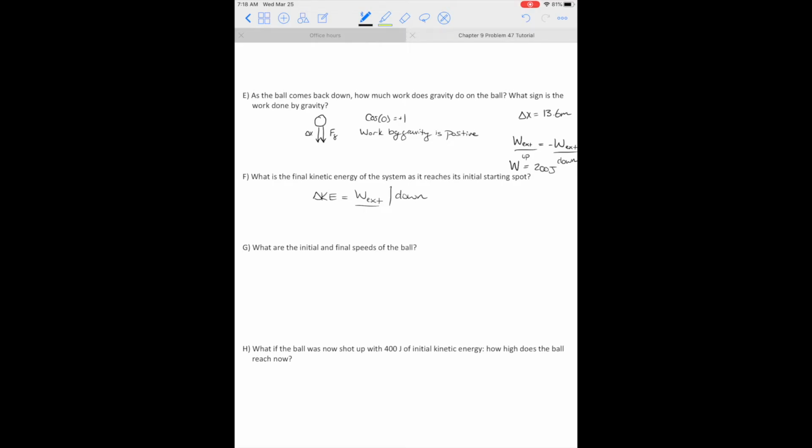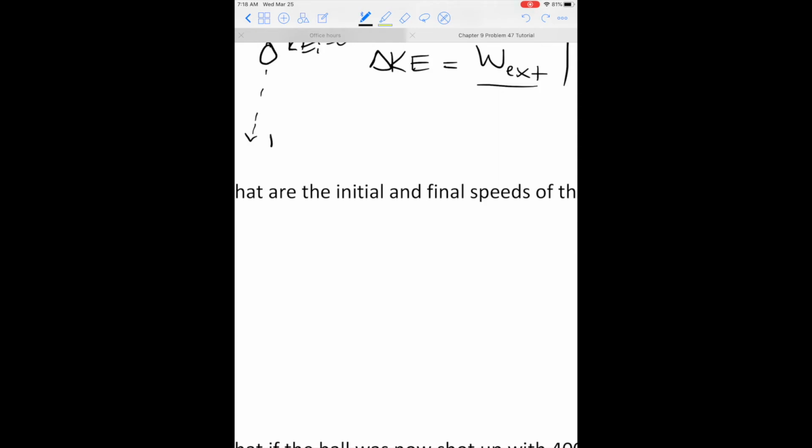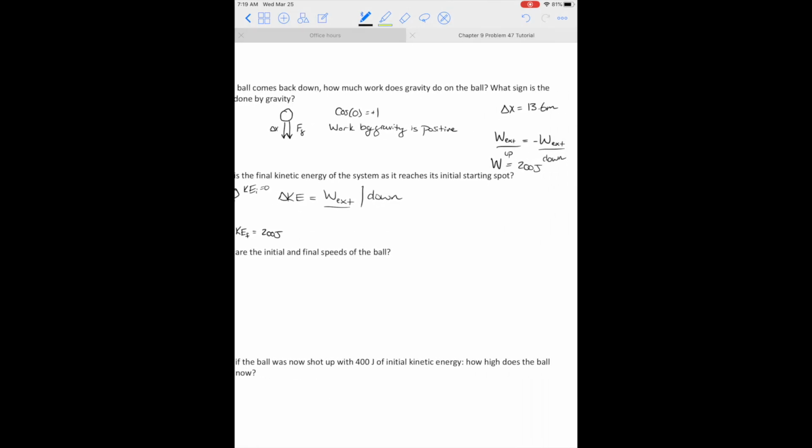Well, initial, right, is actually at the top here now. We're saying that we have 0 energy here, then we just drop down. Our final kinetic energy should be, right, the work done externally, which is 200 joules.